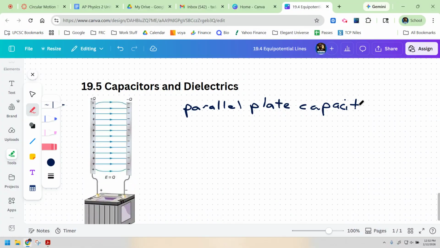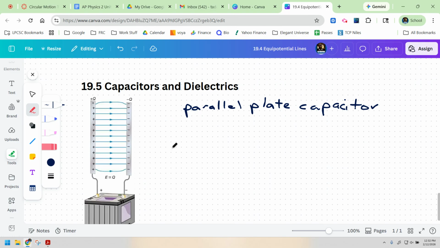And as we start to see the relationship between the charge, the voltage, and capacitance, it'll start to make sense. So basically, it's easy to see the relationship between the voltage and the stored charge of a parallel plate capacitor. Each electric field starts on the positively charged plate and it ends up on the negatively charged plate.